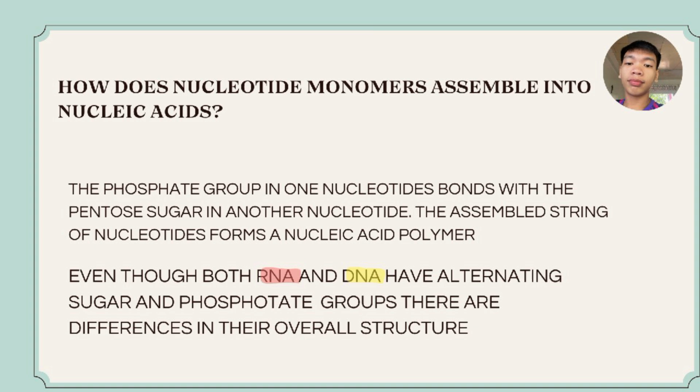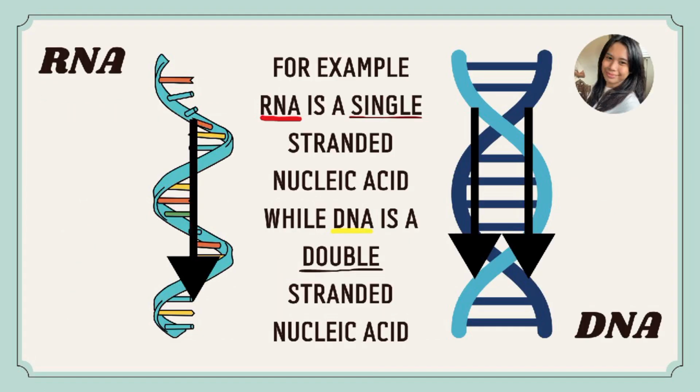Even though both RNA and DNA have alternating sugar and phosphate groups, there are differences in their overall structure. This is the structure of RNA and DNA. RNA is a single-stranded nucleic acid, while DNA is a double-stranded nucleic acid. So, as we all see, RNA and DNA have a huge difference.